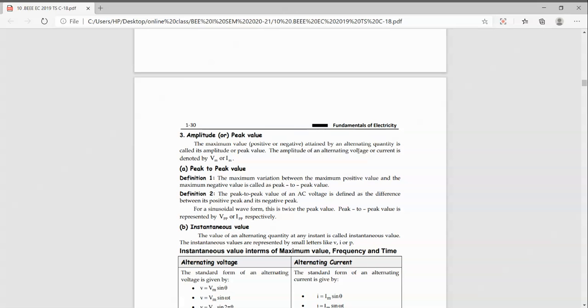Where will this peak value be? This is the maximum of an alternating quantity, at here and here. That is called the peak value. From this peak to this peak, we call it the peak to peak value. And from 0 degrees to here, we say this is a peak value, which is also called amplitude or maximum value. The amplitude of an alternating voltage or current is denoted by V maximum or I maximum. If it is a current, it is I maximum; if it is a voltage, it is V maximum. Peak to peak is the variation between the maximum positive value and the maximum negative value, which can be represented by VPP or IPP.